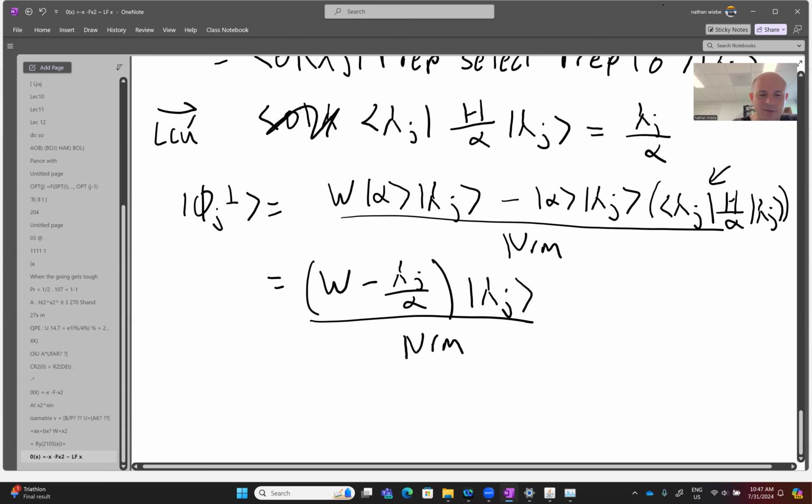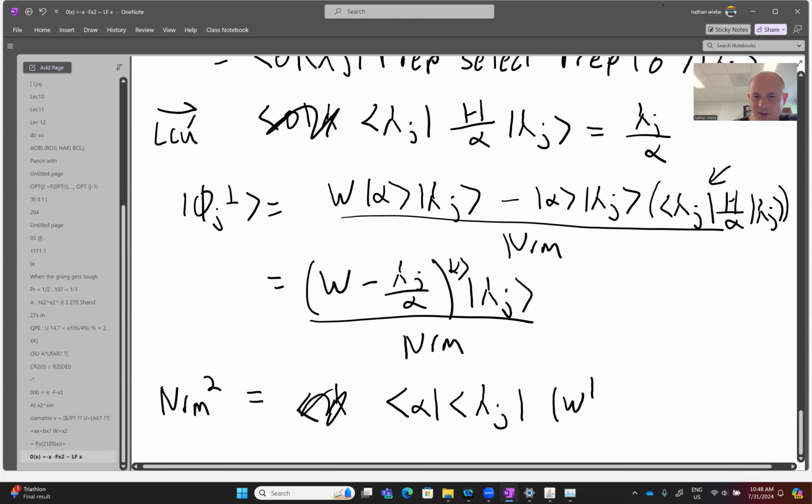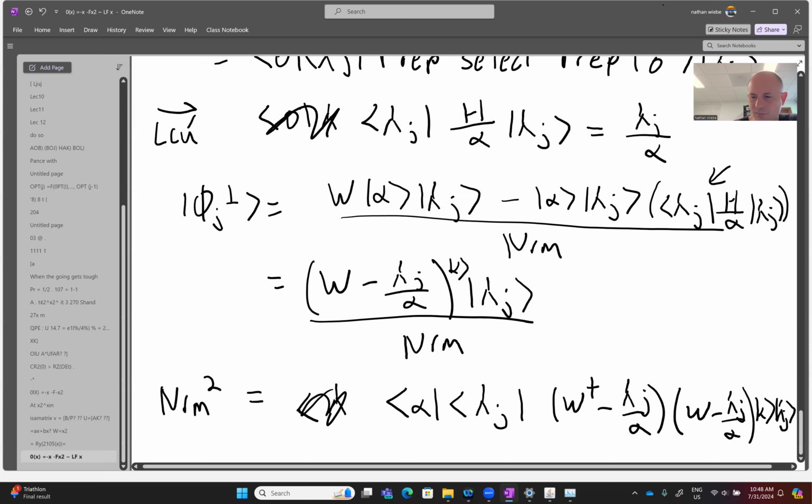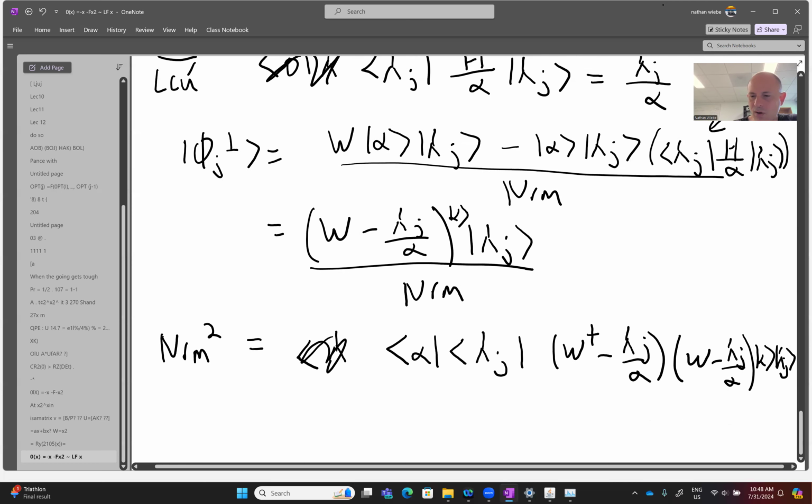Therefore, we end up having that the norm squared has to be equal to, sorry, there's an alpha here. It has to be equal to alpha lambda j times W dagger minus lambda j over alpha times W minus lambda j over alpha times alpha lambda j. Cool.